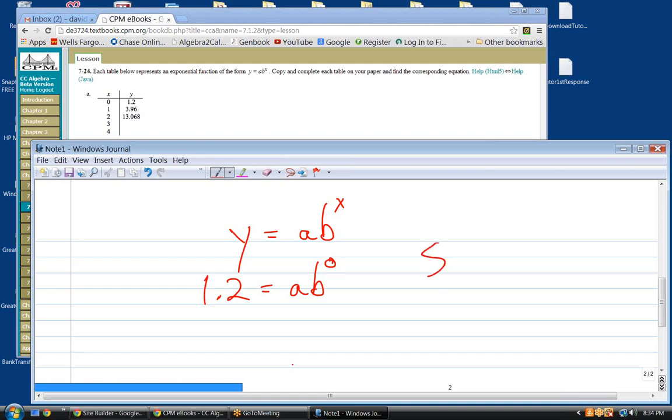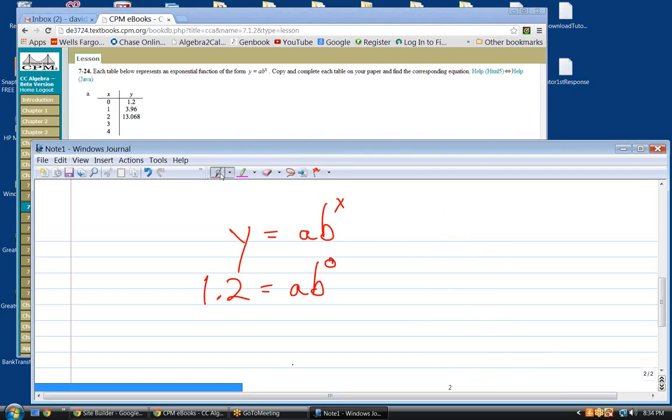I mean 5 to the 0th power is 1, 1 million to the 0th power is 1, and even more remarkable, 0 to the 0th power is 1. Okay? Okay.